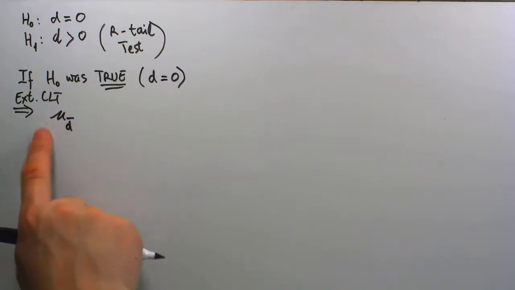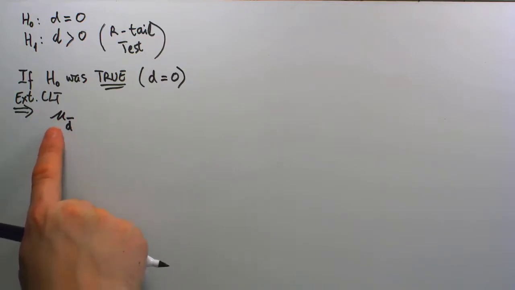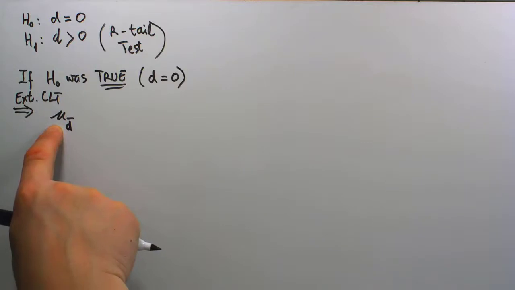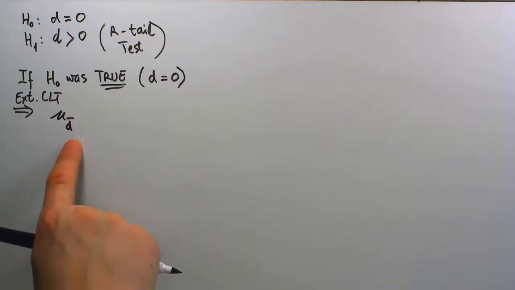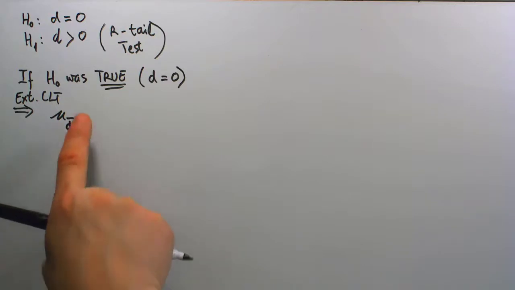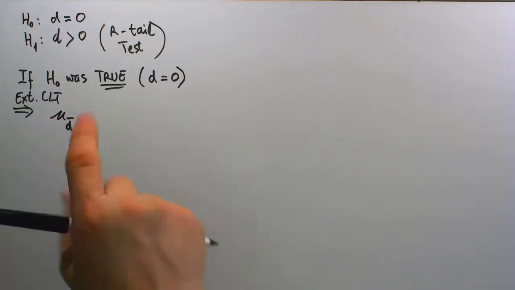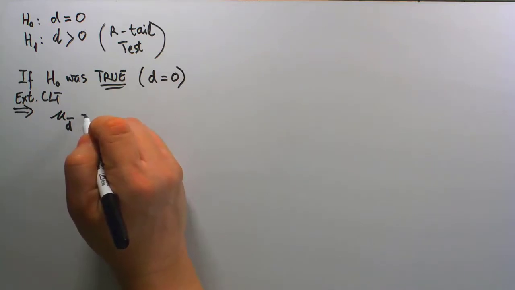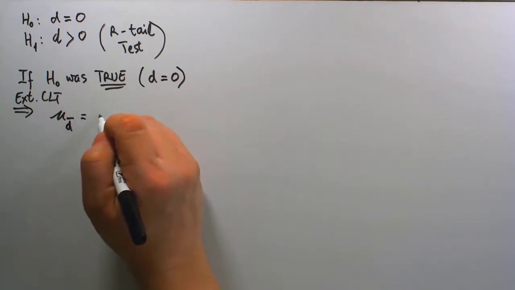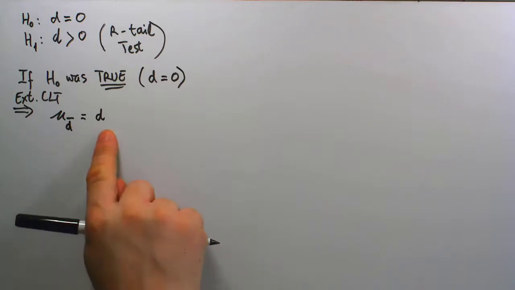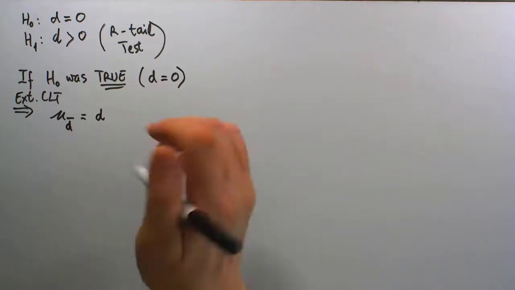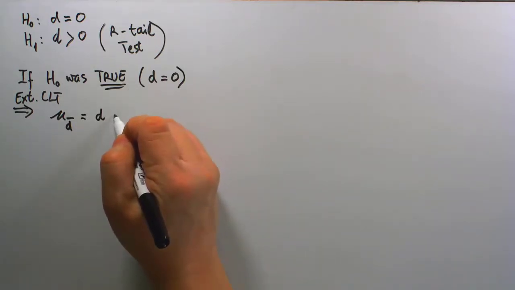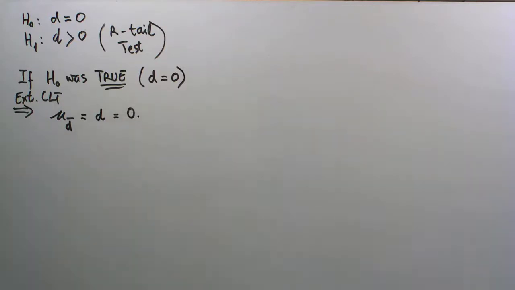So this mu d bar is the average or the population mean of all existing d bar values, which is also the center of all d bar values. And this mu d bar theoretically equals D, which will consequently equal 0 in our case right here.